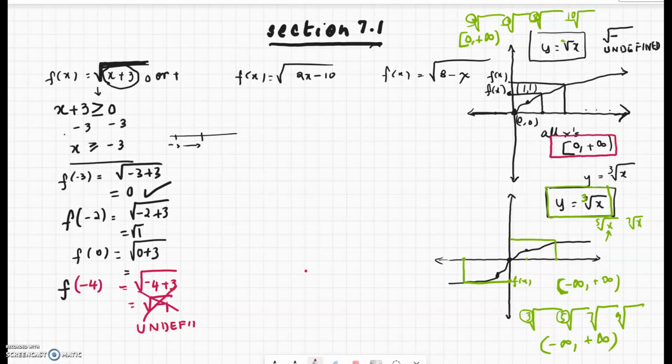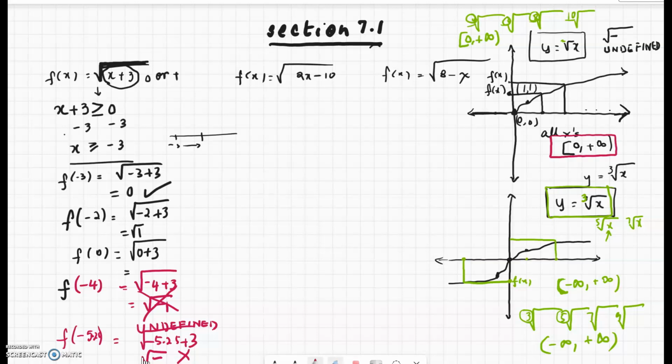A negative inside the radical sign is undefined. Anything less than negative 3, let's say a negative 5.25, that's negative 5.25 plus 3, clearly a negative inside the radical sign, undefined.